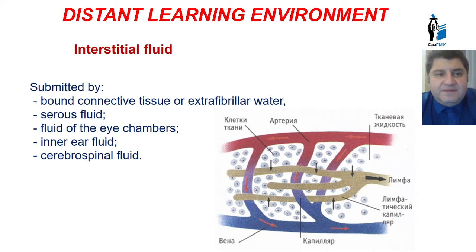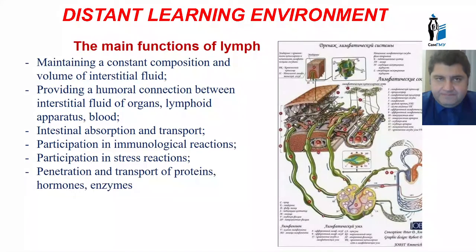Interstitial fluid is also represented by fluid of the eyeball chambers, inner ear fluid, the lymph and perilymph, and also cerebrospinal fluid. All these fluids are not lymph. They are fluids in our cavities, but they are not lymph. They also form from interstitial fluid.